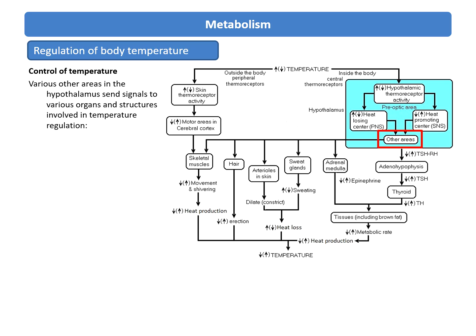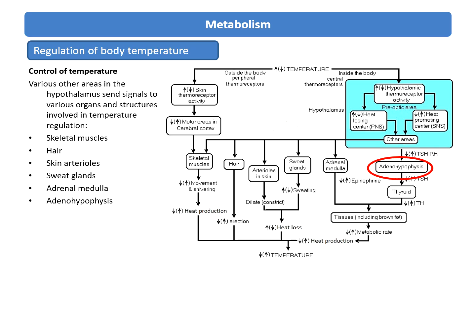Various other areas in the hypothalamus send signals to various organs and structures involved in temperature regulation. For example, they send signals to the skeletal muscles, to the hair, to the arterioles in the skin and sweat glands, the adrenal medulla, and the adenohypophysis.